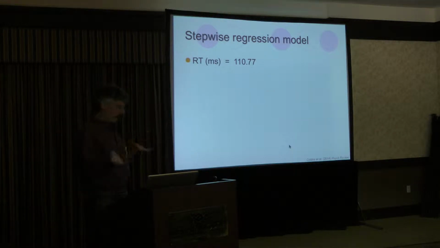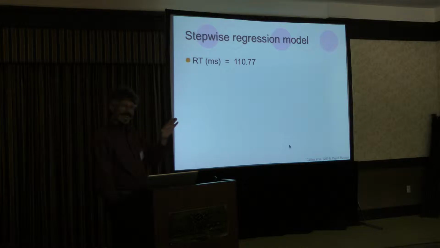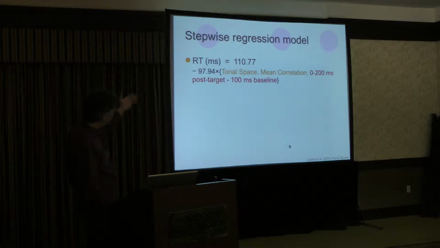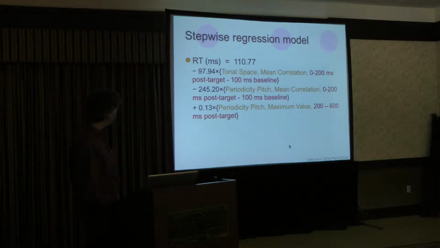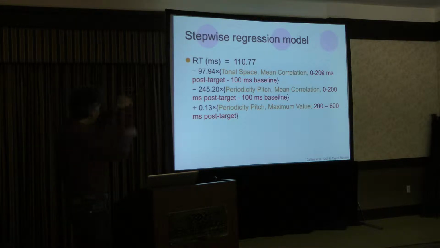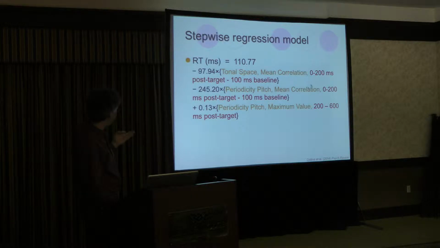All right, so you can nonetheless take all these different representational steps and ask how much variance they explain in the overall reaction time data across all these studies. And basically the tonal space variables represent the most variance. But they're closely followed by the periodicity pitch images, and you can now feed it into a stepwise regression model, and you find that tonal space enters first, and it's basically this changing correlation value that I was describing, which is the critical variable.